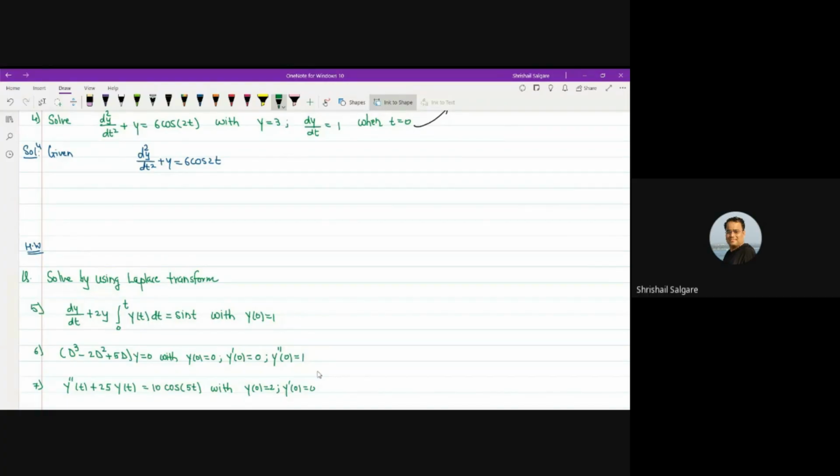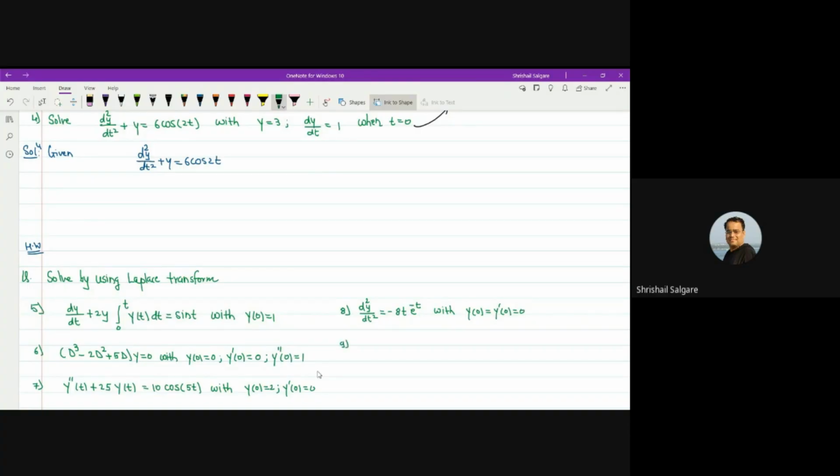Suppose next one, here I will write eighth: d2y by dt square equal to minus 8t into e raised to minus t with the condition y of 0, y dash of 0 equal to 0.